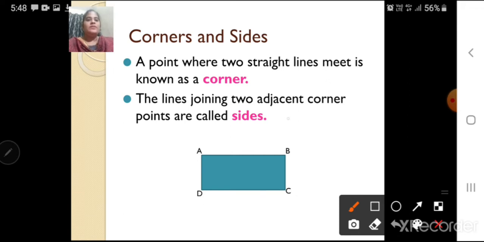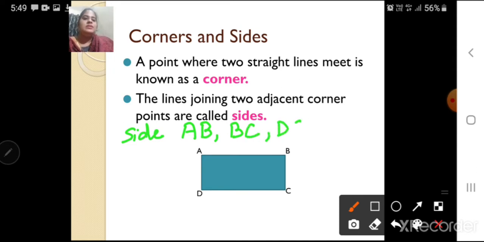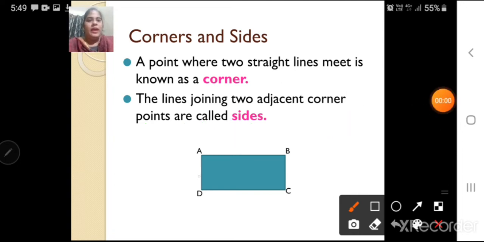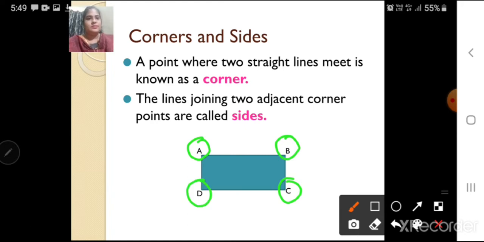When we say side, we say like this: side AB, then side BC, side DC and side AD. And here we have corners A, B, C and D. These all are the corners.